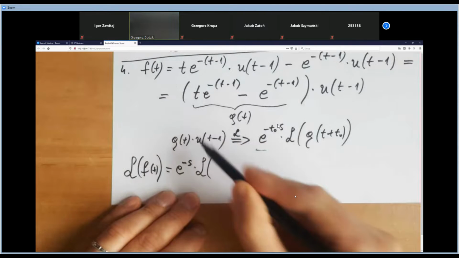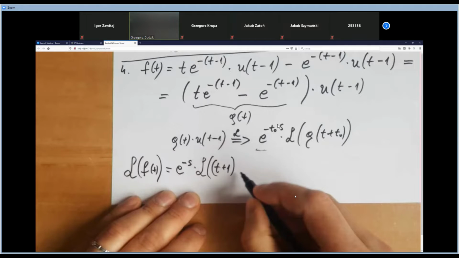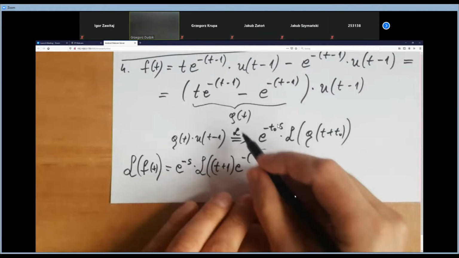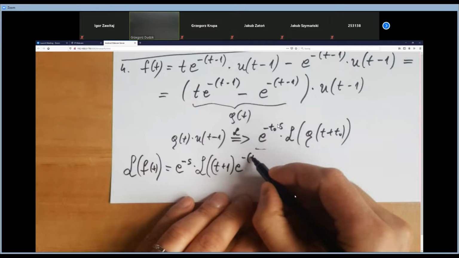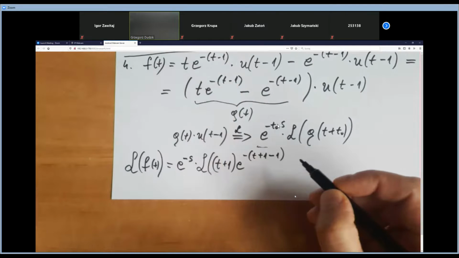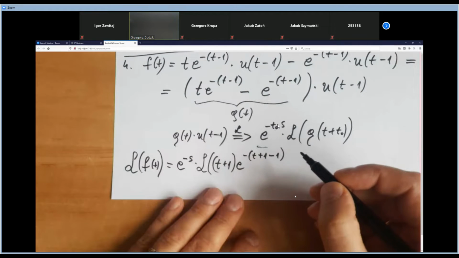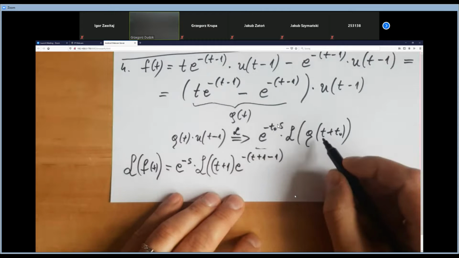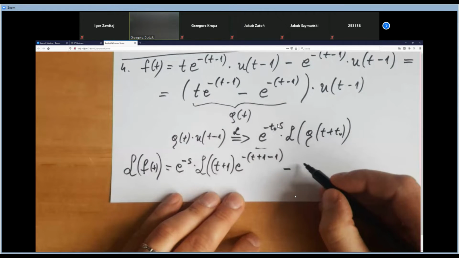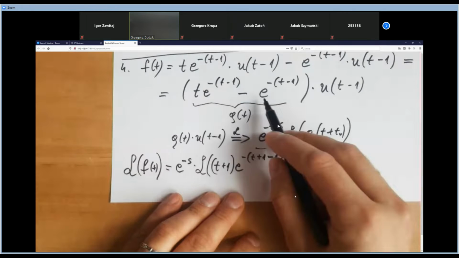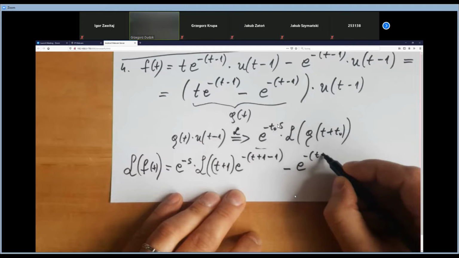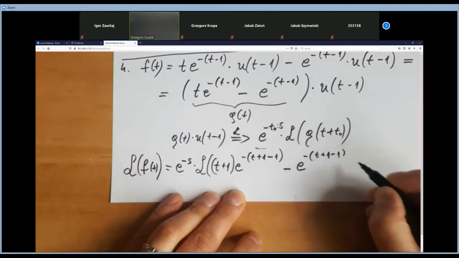So it is (t plus 1) times e to the power of minus, and here we have to substitute t plus 1 and minus 1. Minus, here it is e to the power of minus (t plus 1 minus 1).